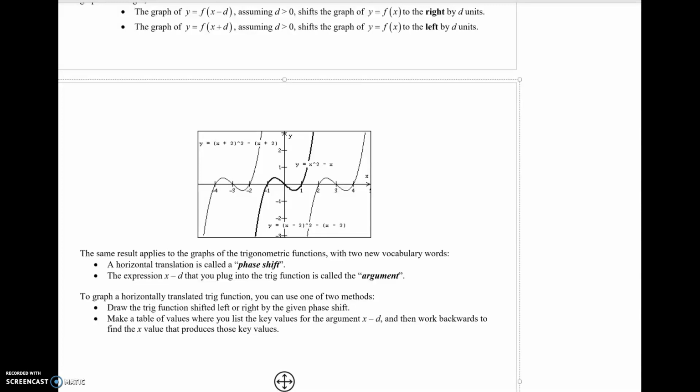The same result applies to the graph of the trigonometric function, with 2 new vocabulary words. We call that phase shift. The expression x minus d that you plug into the trig function is called the argument. Please pay attention to that every time we are introducing new vocabulary words.